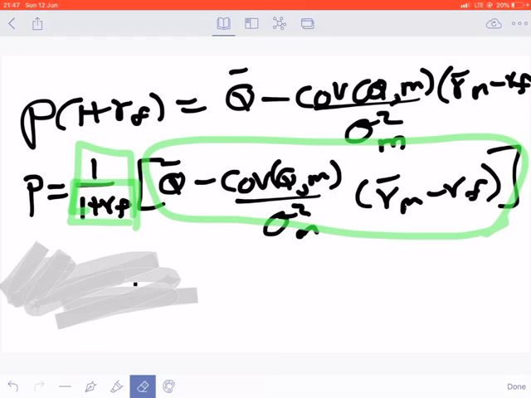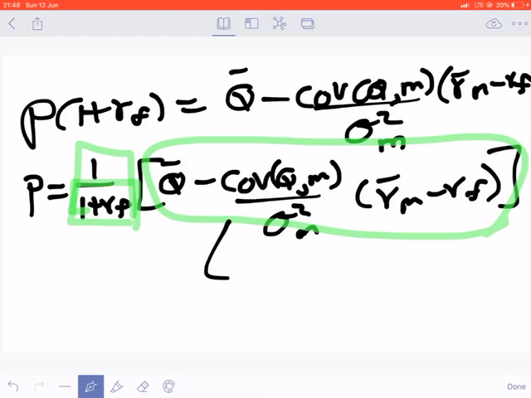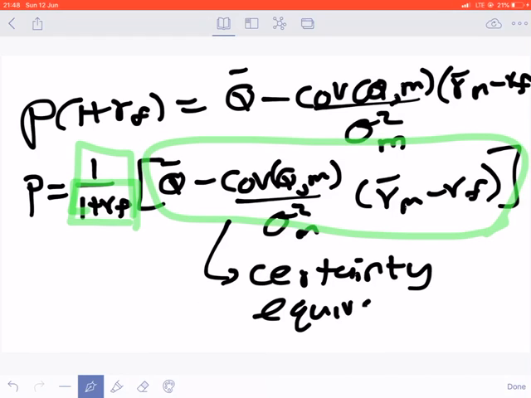Because you are discounting the certainty equivalent to the present using the risk-free rate. So it is equivalent to the P, and that's why they call it the certainty equivalent. So I guess this helps in understanding their proofs.